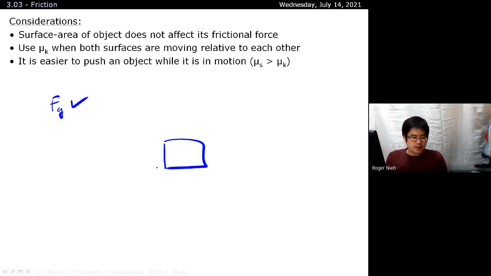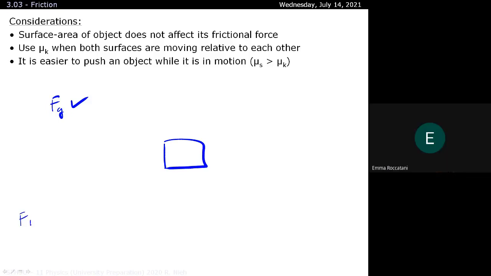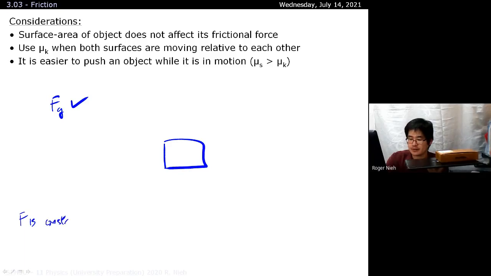Done. Another thing that's attainable is by placing the mass on top of a surface, and then I drag it at a constant velocity. Remember, if I drag this at a constant velocity, acceleration must be at what? If v is constant, then acceleration is equal to 0 meters per second squared.